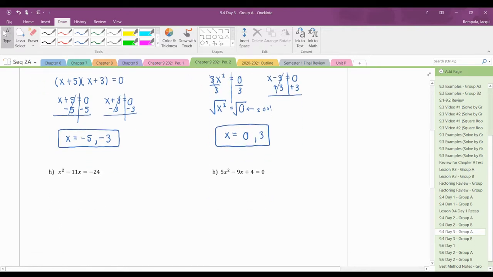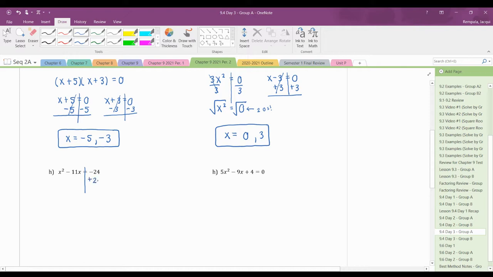All right. If I take a look at this next example, x squared minus 11x equals negative 24. Hopefully we notice right away that, hey, it doesn't say equals 0. So I'm going to draw my line going through the equal sign. Because I want x squared to be positive, I'm not going to move the x squared, which means the only thing I need to do to get one side equal to 0 is move the negative 24.